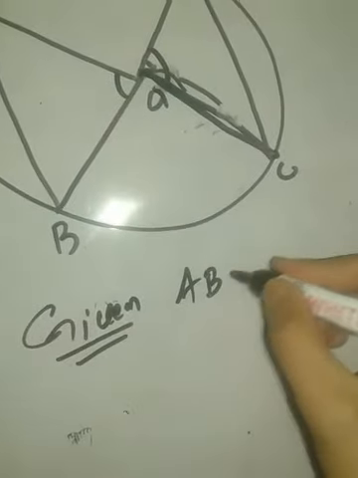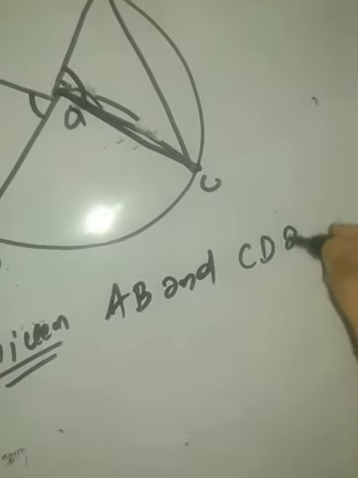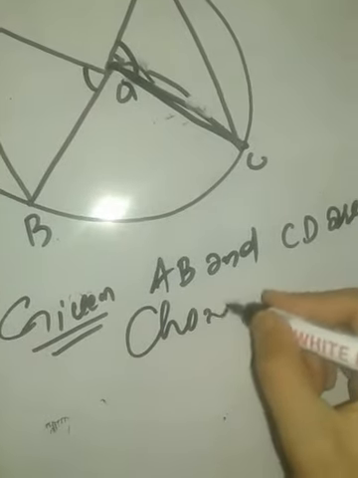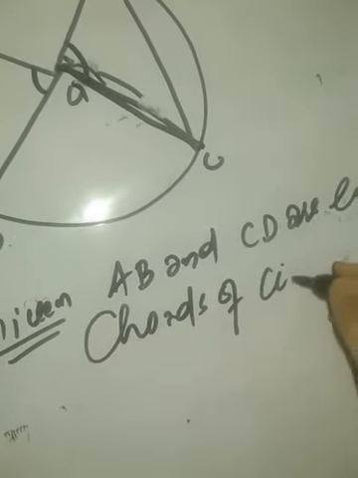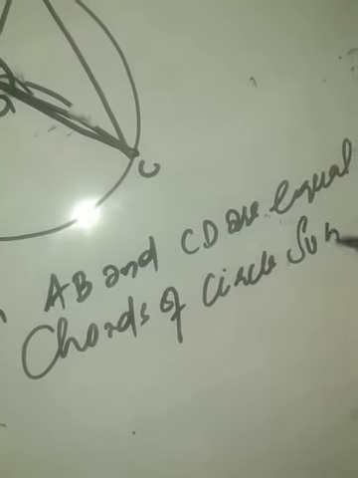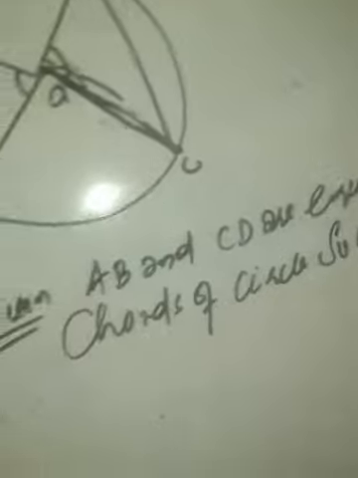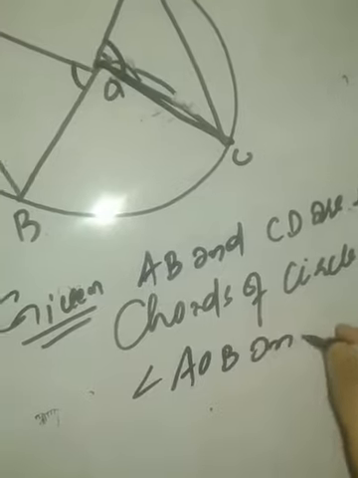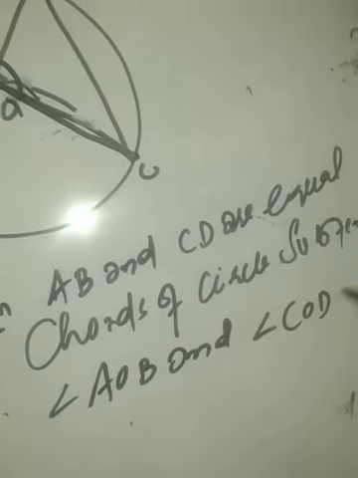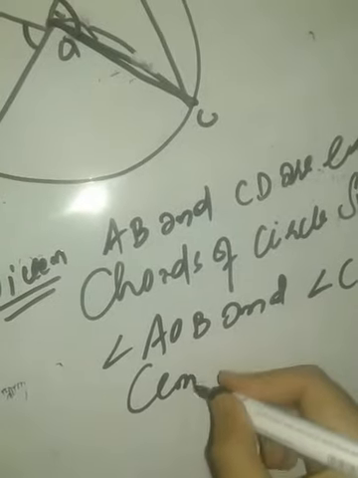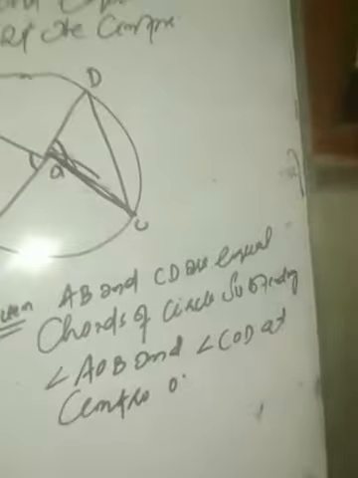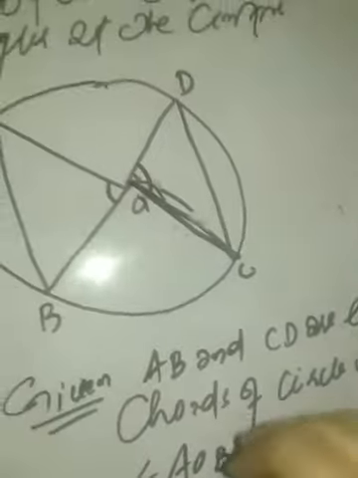Given: AB and CD are equal chords of a circle, subtending, means making, angle AOB and angle COD at the center O. This is the given. AB and CD are two equal chords of a circle subtending angle AOB and angle COD at the center.